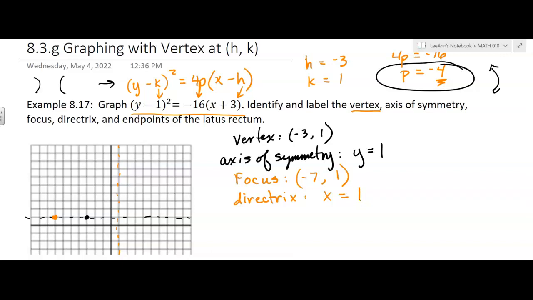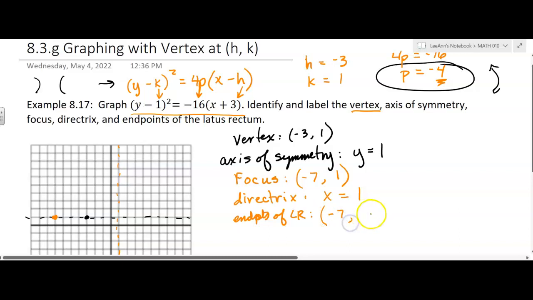All right. Now we need the endpoints of the latus rectum. So if you remember, you could just plug these all in the formula, but we know it's going to be in line with the focus. So we know it's going to be -7, and then it's going to be k plus 2p and k minus 2p.